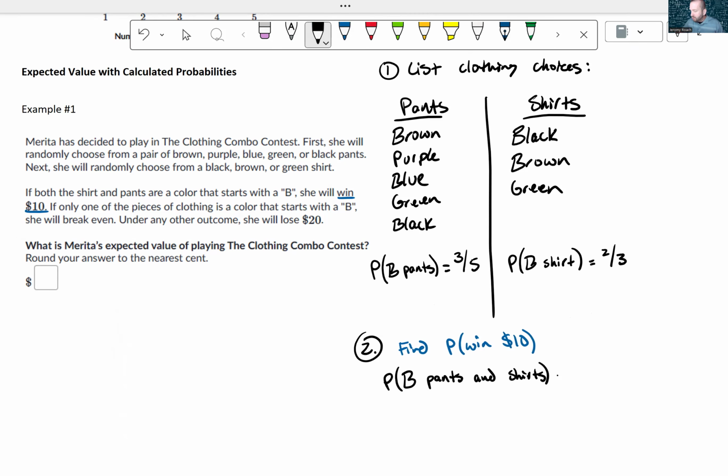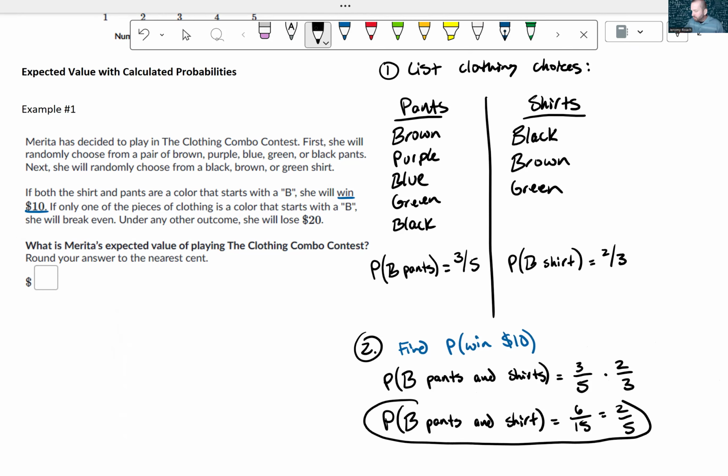Remember, and means we're multiplying our probabilities. So 3/5 times 2/3. That would be the probability that both the pants and the shirt start with the letter B. So that's 6/15, or 2/5.